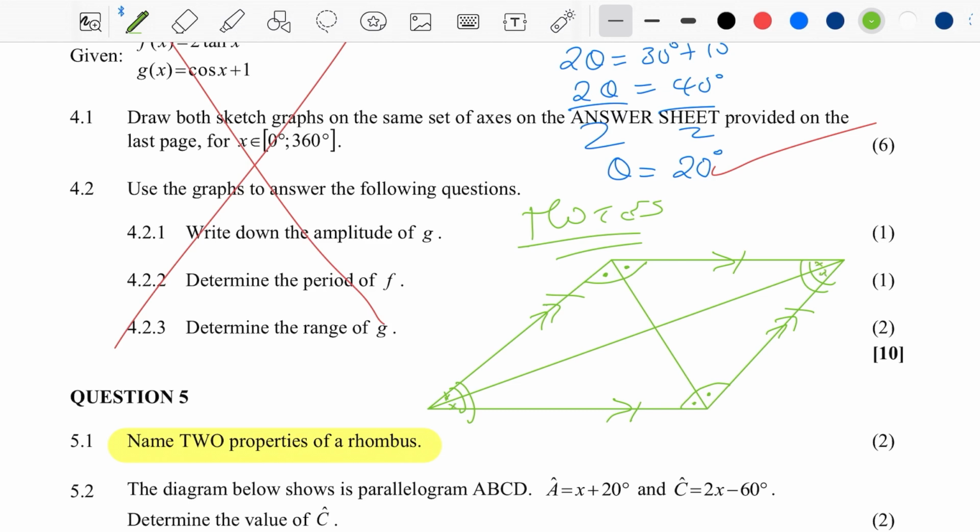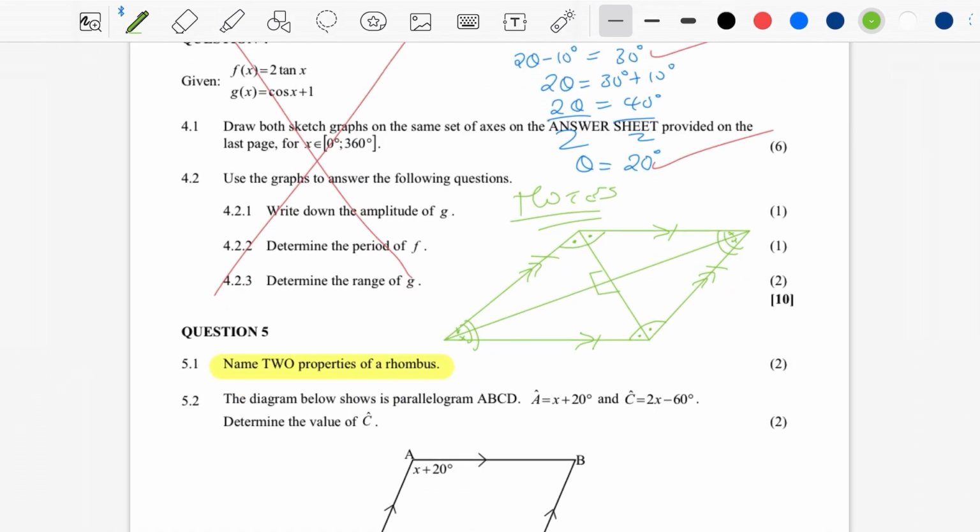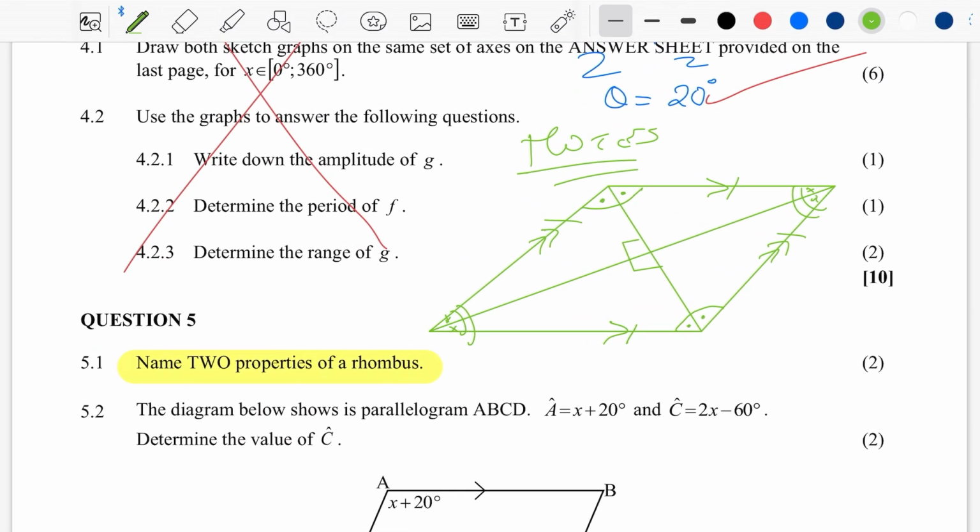Okay. Another thing is, the lines at the center here where they meet make a 90 degrees angle. So depending on which one you want to write, just write two. In this question, they just want two. Okay. The first one is opposite sides are parallel.